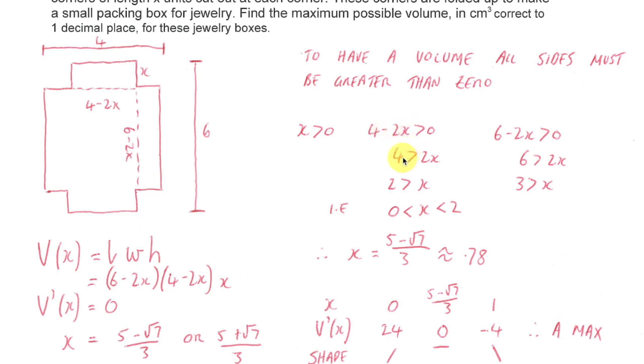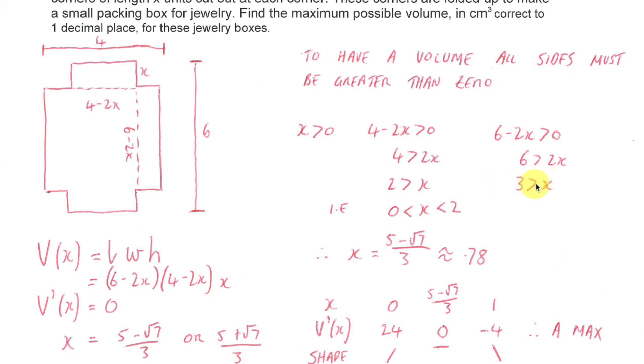Add 2x to both sides, divide both sides by 2, and you'll see that x needs to be smaller than 2. Looking at the length, 6 minus 2x is greater than 0, and you can see that eventually x needs to be less than 3. So x has got to be greater than 0, less than 2, and also less than 3.